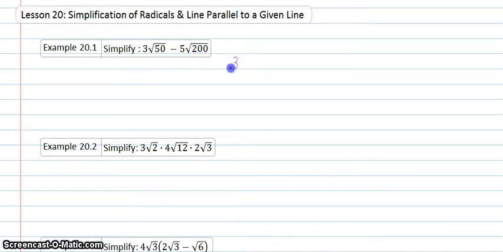So the first one, we just leave the 3 alone, and we're going to factor 50. So we would have 2 times 25, and we can factor that again as 2 times 5 times 5.